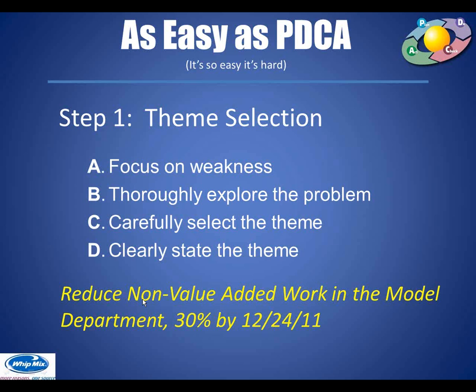So it's really of value to come up with just a simple, clear statement on here's what we're going to do. In this case, the example is reduce non-value-added work in the model department 30% by a set date. All right, so now everybody understands here's what we're going to go after.